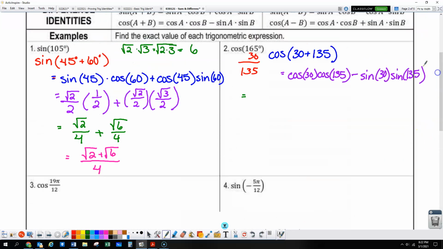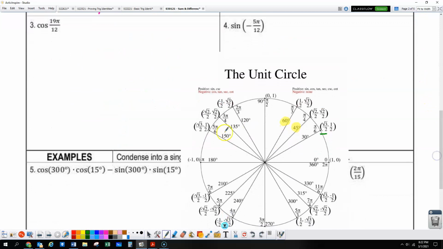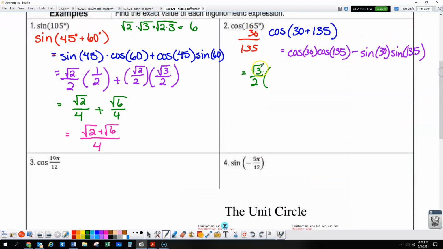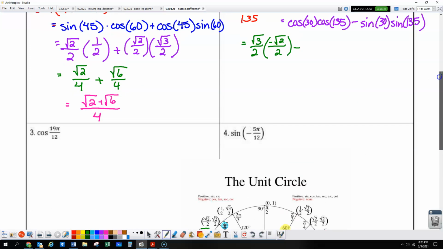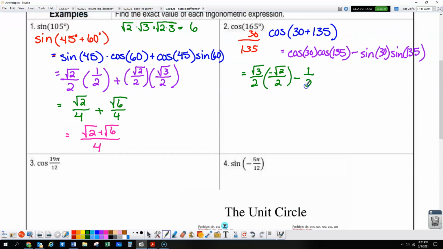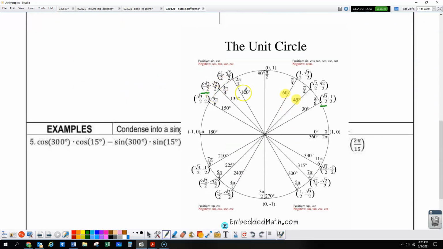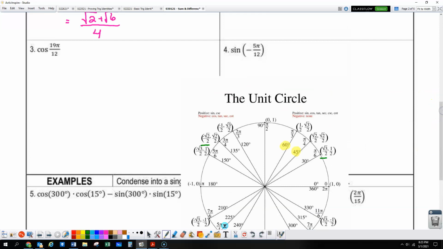Remember, cosine is x, sine is y. And then cosine of 135 would be my x value, which is negative square root of 2 over 2, minus sine of 30, my y value, which is 1/2, times sine of 135, which is positive square root of 2 over 2.